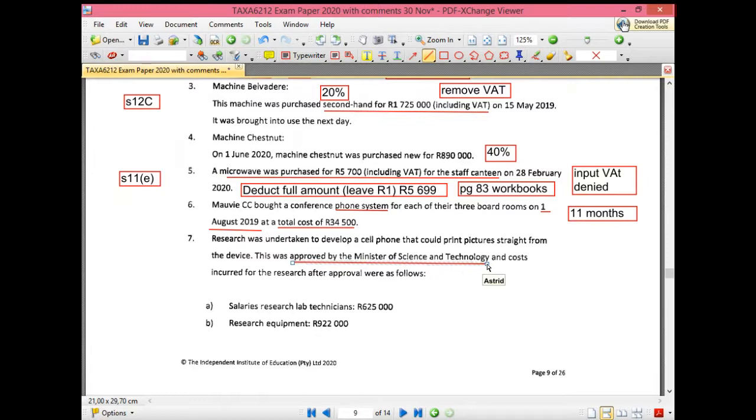Where it is a capital asset, we apply the 50-30-20% rule, and then there are certain expenses that are not allowed. So our salaries, we will apply the 150%. However, the research equipment, because it's a capital asset, we would apply the 50% capital allowance for year 1. Okay, so this is the first year, so we would apply 50% from the 50-30-20% rule.